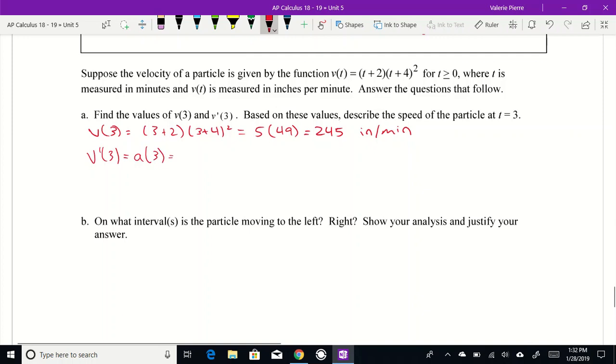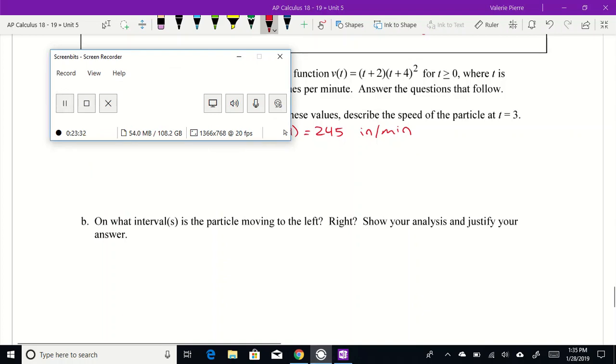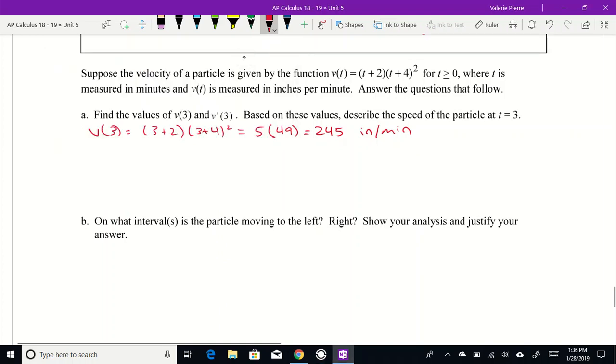So v of t is equal to t plus 2 times t squared plus 8t plus 16.